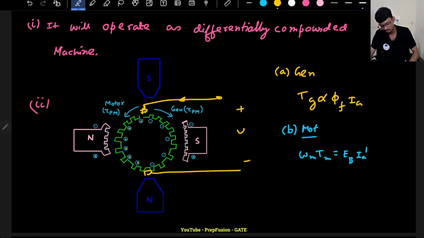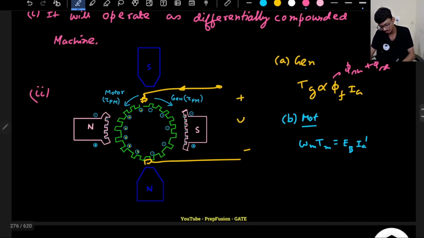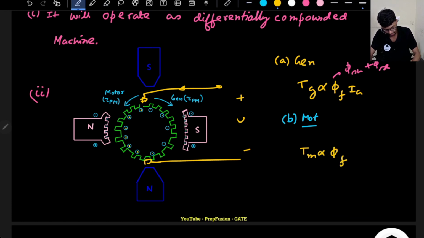So what is the flux of the field? Previously the flux of the field was phi sh plus phi se, and Ia was Ia only. Now in the second case, because I want to understand what will be the direction of the rotation, torque of the motor will be phi f dash into Ia dash, right?